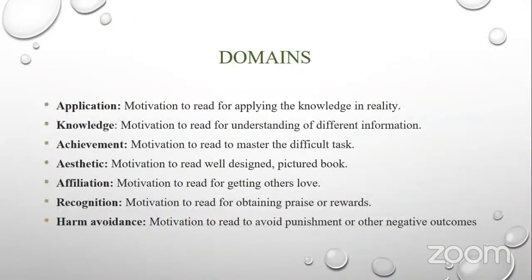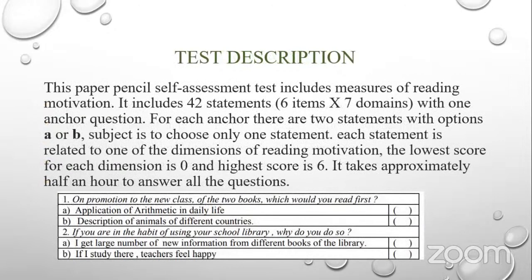So we have seen the domains here. Then this is the test description. This is a paper-pencil test, and it includes 42 statements. That means 6 items in each of 7 domains, and there will be one anchor question. For one anchor question, there will be two statements with options A or B. So the subject will choose only one statement.